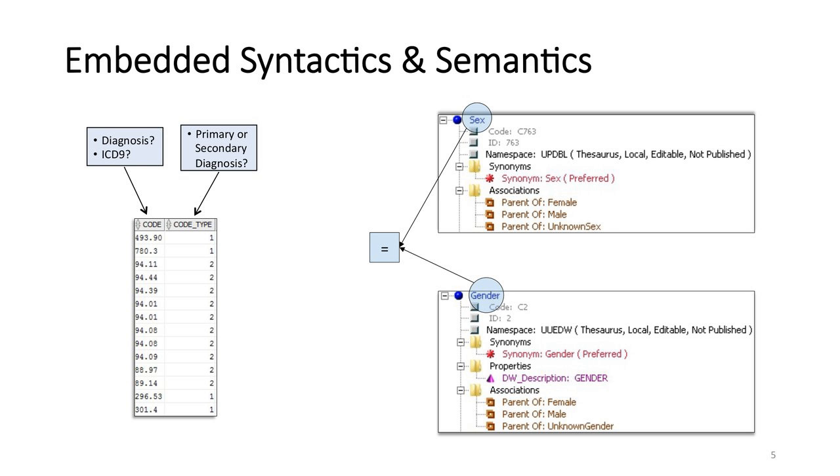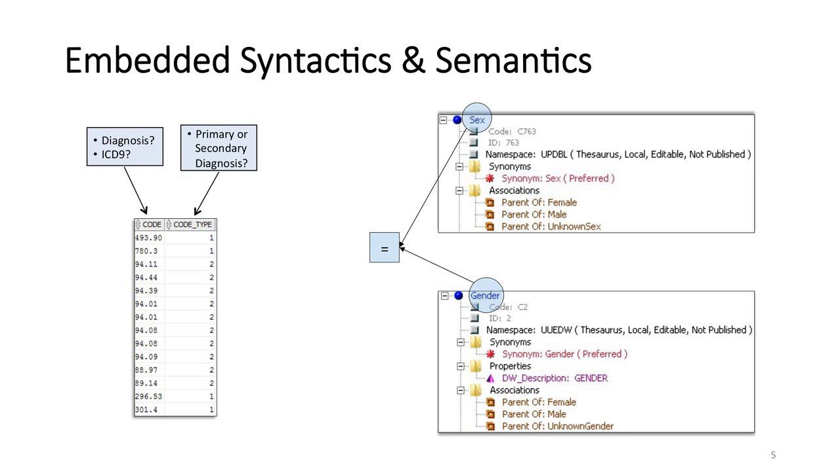One is 1 and the other is 2, and we could guess at this being primary and secondary diagnosis. In addition to this, if you were to add the entity from which these two fields were extracted, we could say that the entity was related to diagnosis, and the first field is a code of the diagnosis, and the second field is a code type.